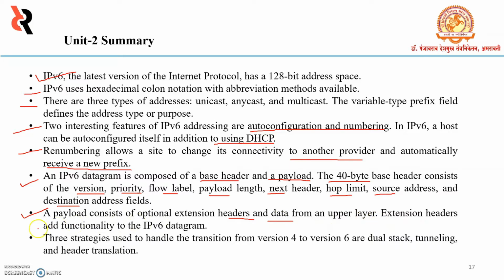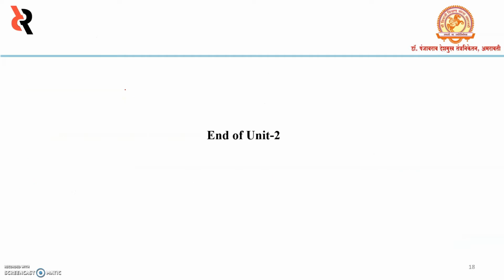Extension headers add functionality to the IPv6 datagram. We have seen 3 strategies used to handle the transition from IP version 4 to IP version 6: dual stack, tunneling and header translation. So this is the summary of unit 2, and it is the end of unit 2 of Advanced Computer Network.